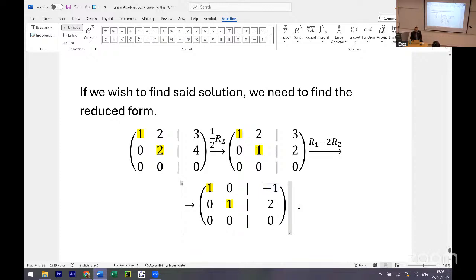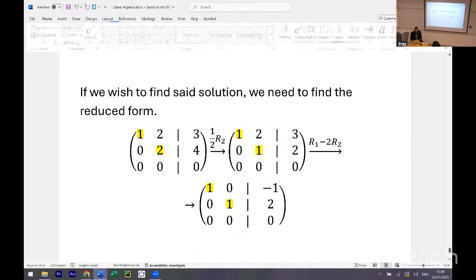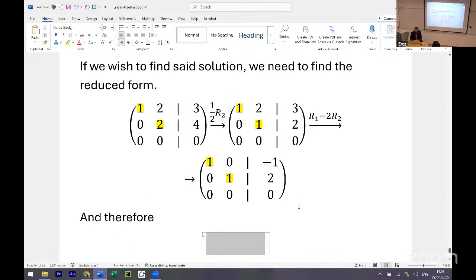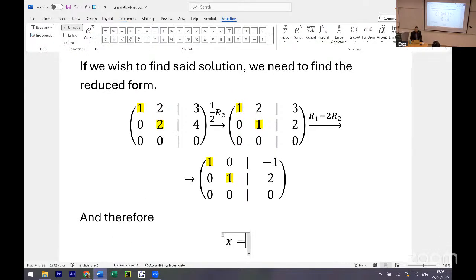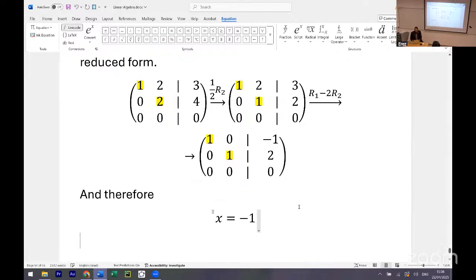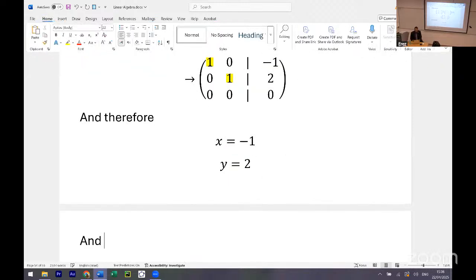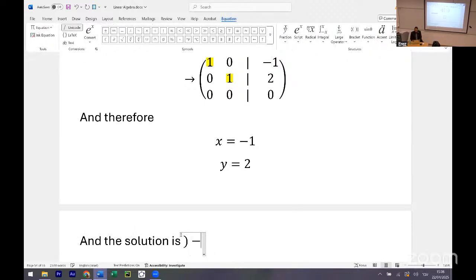And what are the equations? Therefore, x equals minus 1. Y equals 2. The solution is the point (-1, 2). It's unique. There is no free variable. There is no parameter.